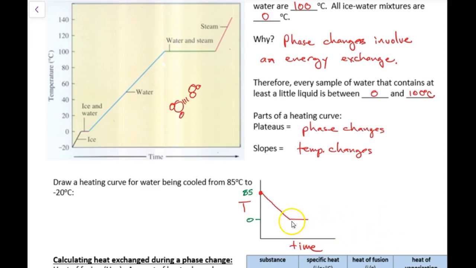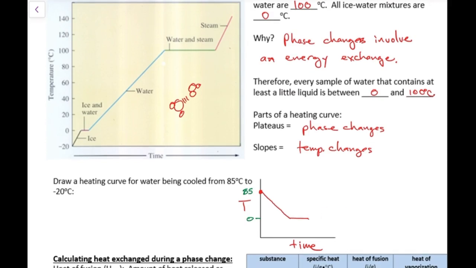And so we're taking heat away from the water sample, but because it's freezing and giving off some heat, the temperature stays constant. And then it's going to go down another 20 degrees down to minus 20. So that's my heating curve for water being cooled from 85 down to minus 20.